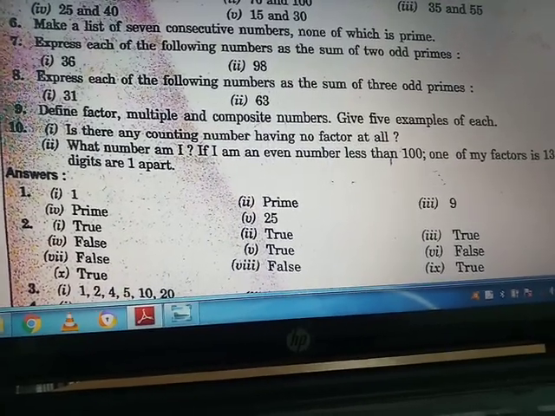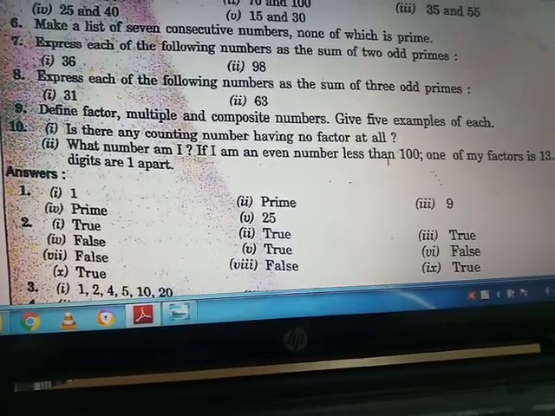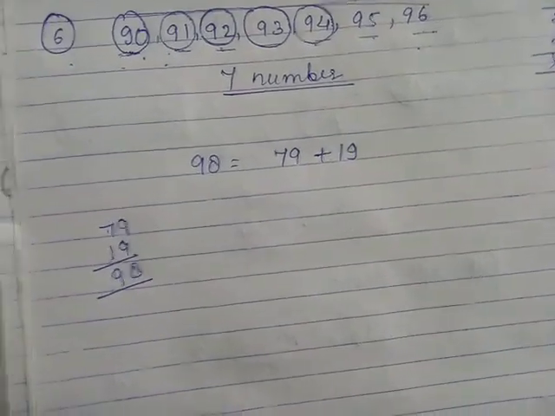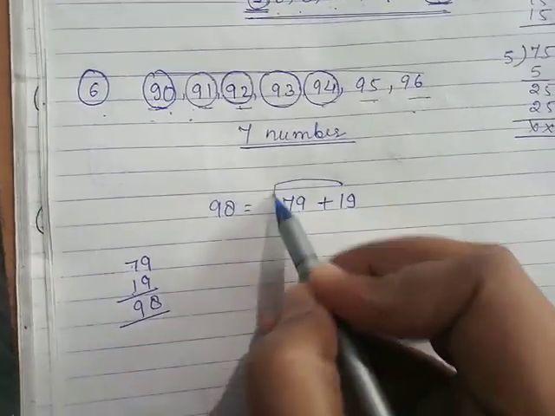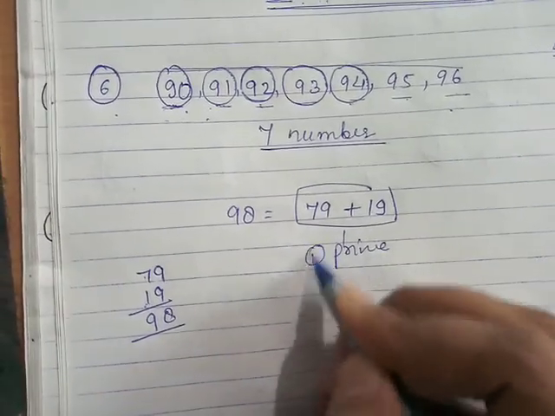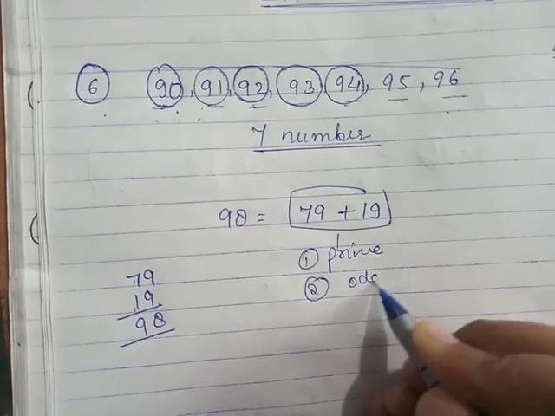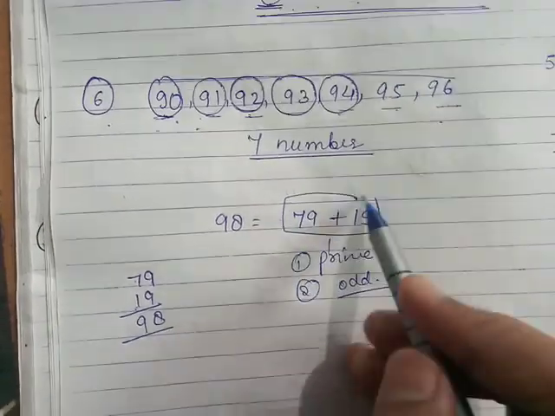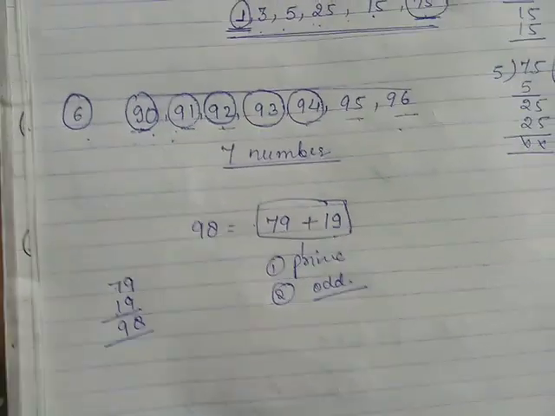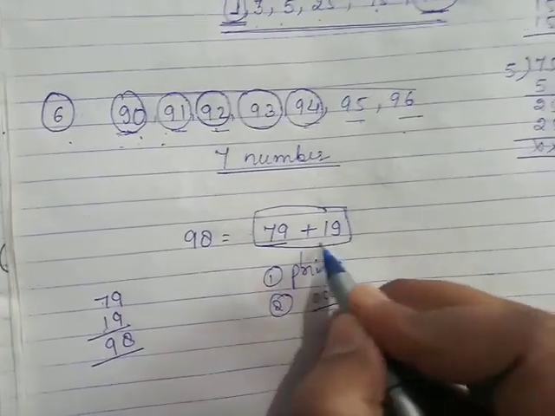Okay, now 98. You can see that we have to break this 98 into 2 numbers that should be prime, and also that should be odd. Odd numbers are those which are not divisible by 2. You can see that we can break 98 into 79 and 19.